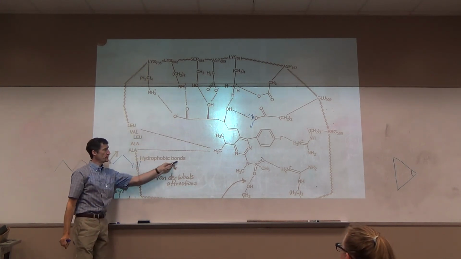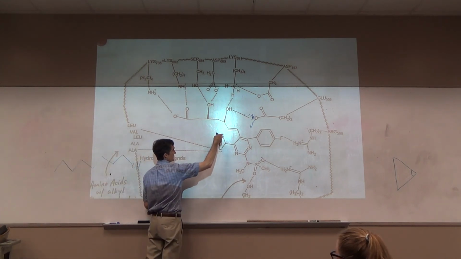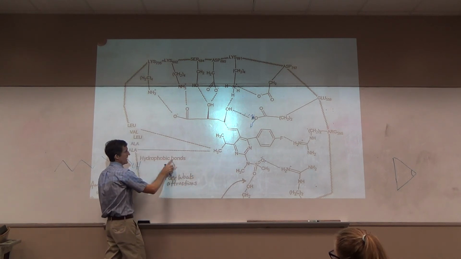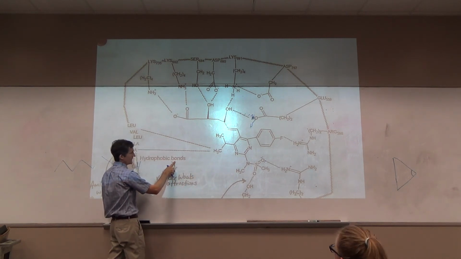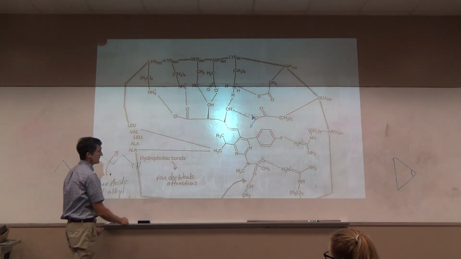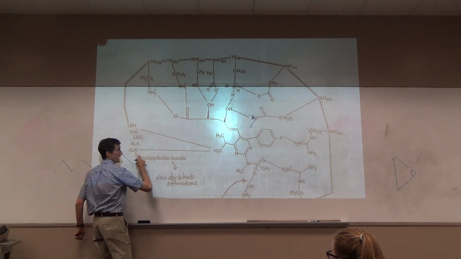They're calling it hydrophobic bonds. First off, that's very hydrophobic. That ain't going to like water, so that's where that comes from. And also, it's not a true covalent bond. This is a non-covalent interaction. But a hydrogen bond is also a non-covalent interaction, and we still call that a bond. I would call this some van der Waals attraction.